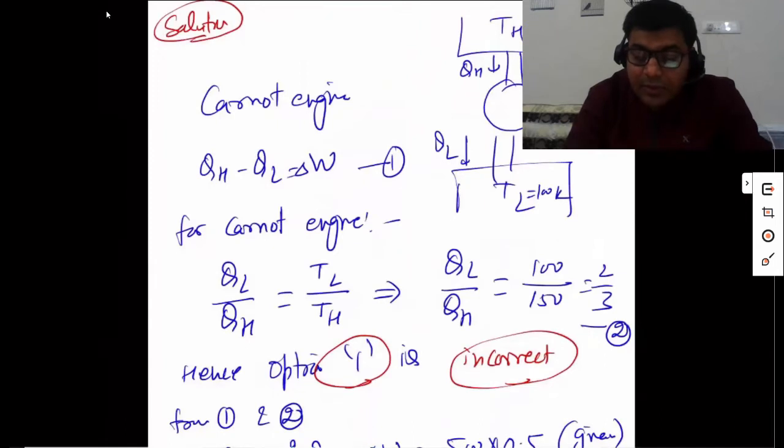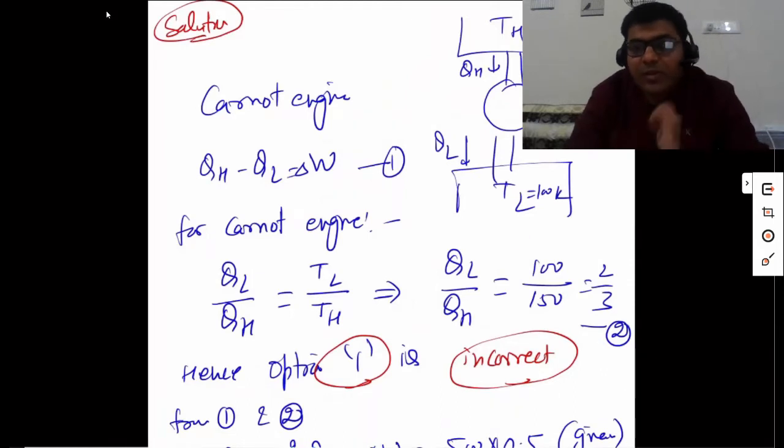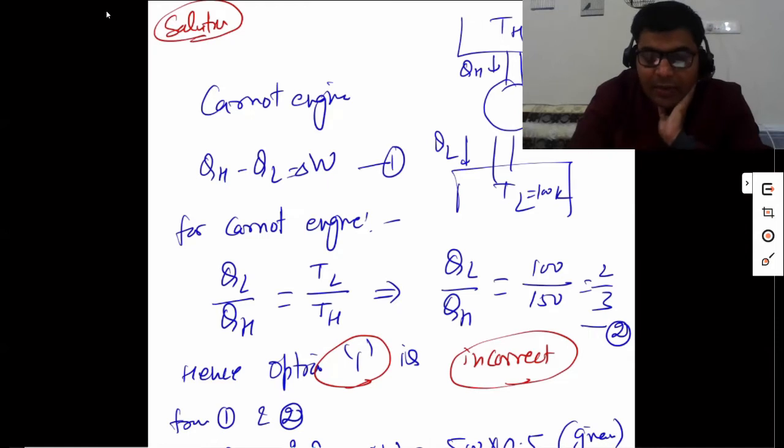The reason is, if I make a Carnot engine, this is the Carnot engine, right? So TH is 150 Kelvin given, TL is 100 Kelvin given. So QH amount of heat is being taken from the hot bath, and some amount of work, let's say delta W, is being done, and QL is being rejected to the sink.